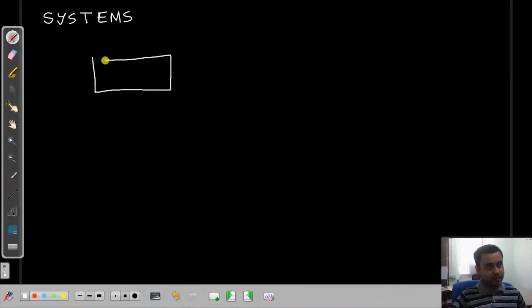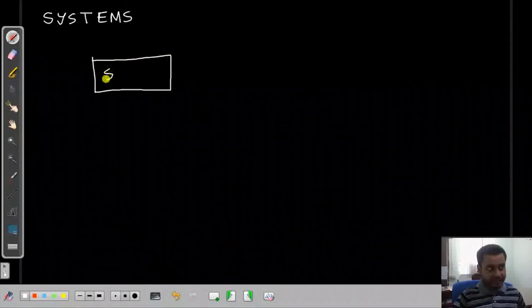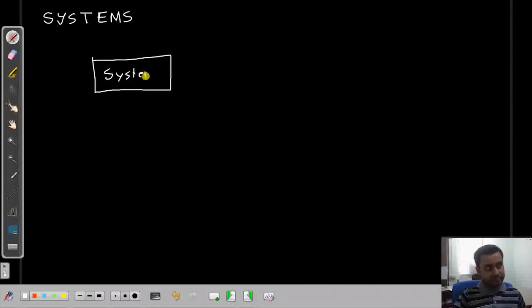Any system can be drawn like this. We shall put an arrow pointing inward to indicate the input to the system, and an arrow pointing outward to indicate the output from the system.